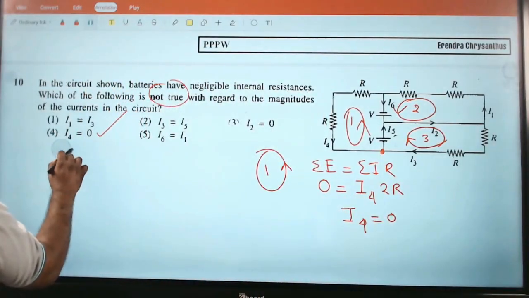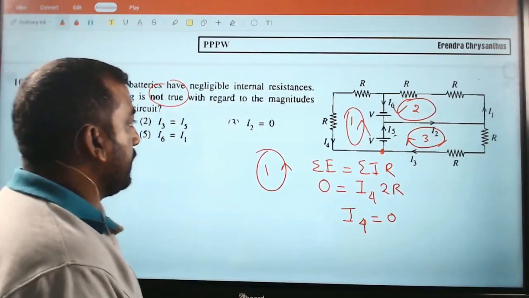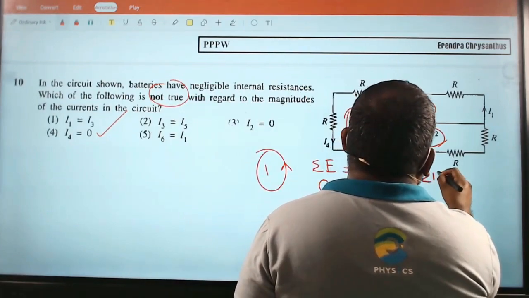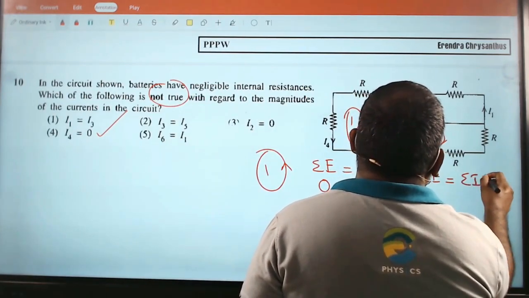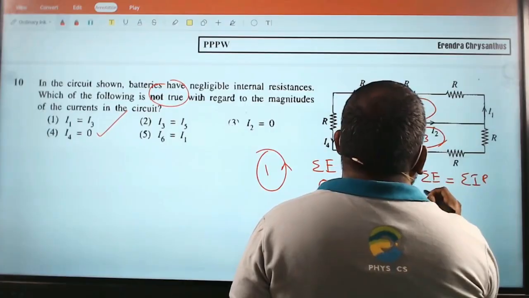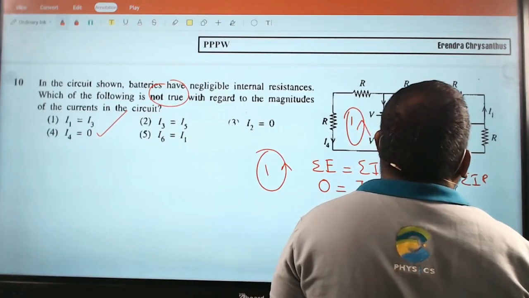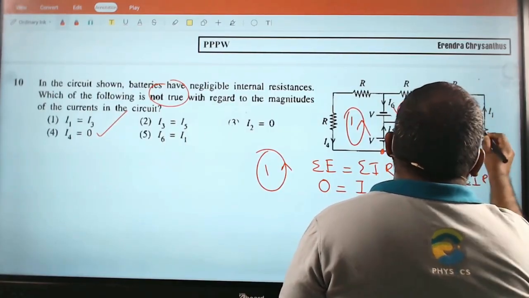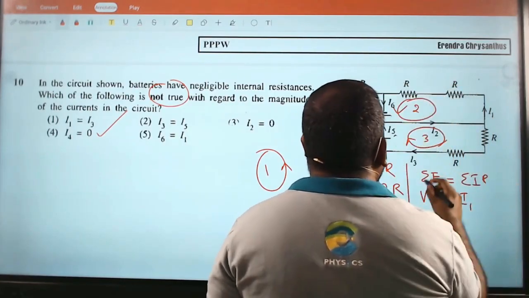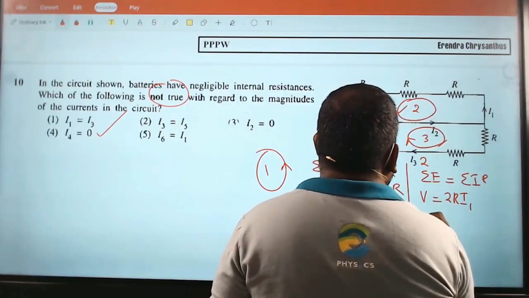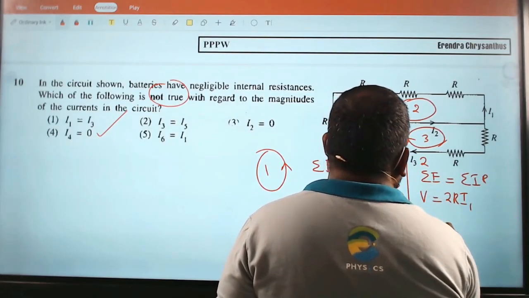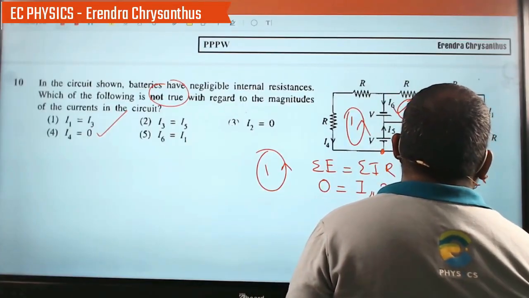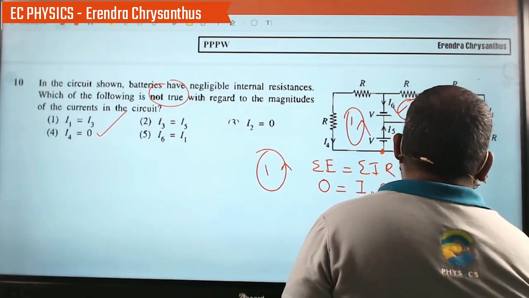You'll find the true statements very easy, right? When you apply Kirchhoff loop number 2, sum of EMF, sum of potential differences. Positive V, what can you say? 2R I1, here no resistance, right? Loop 2, loop 3, V is equal to 2R I3.